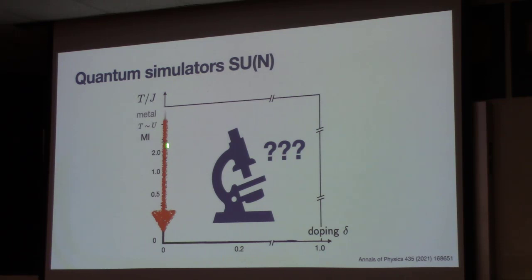So what I will focus on in the rest of the talk is what happens when we are at 1 particle per site, on average, and then we lower the temperature and change the interactions.